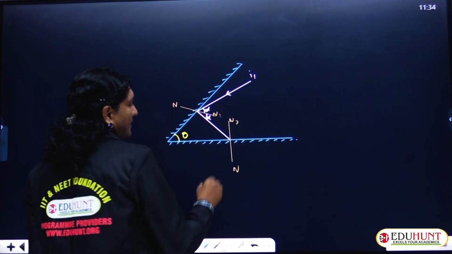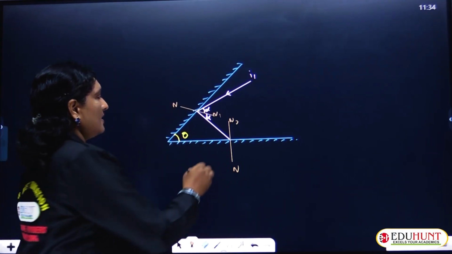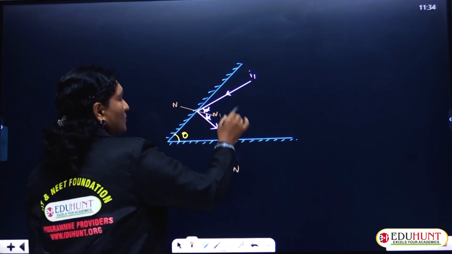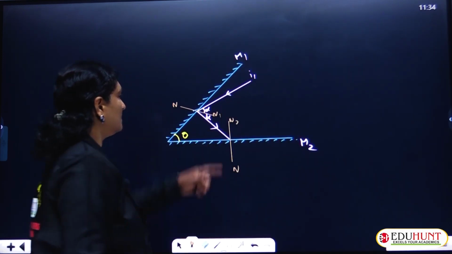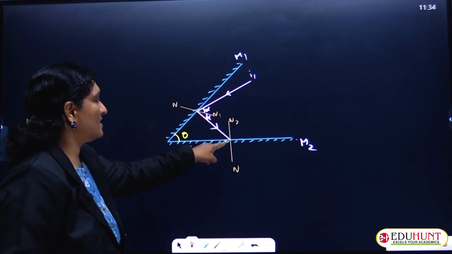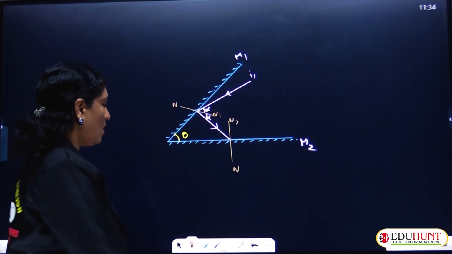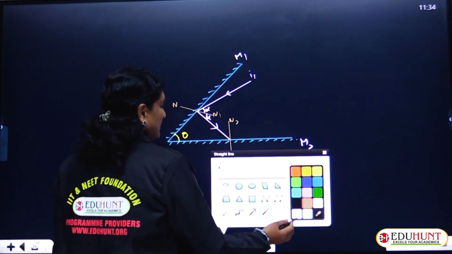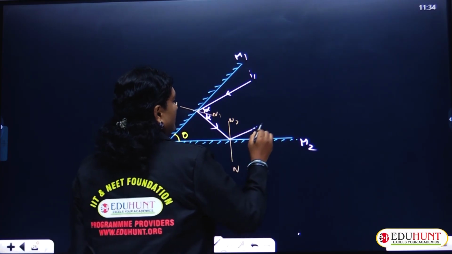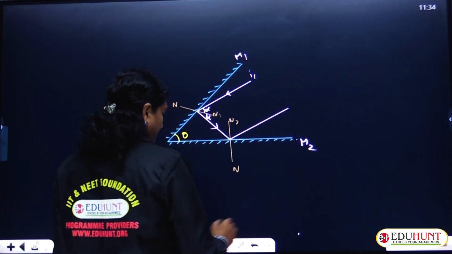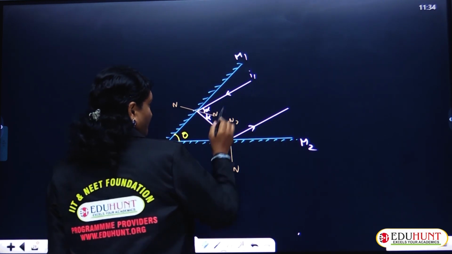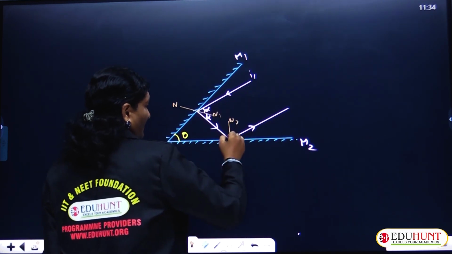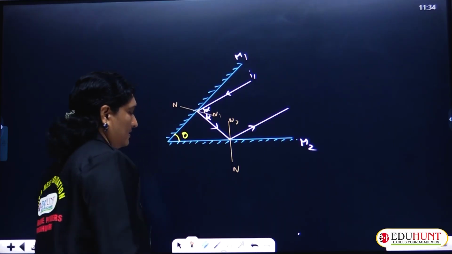Again, this light ray is re-incident on mirror 2. This is mirror 1 and here is mirror 2. So, this light ray after reflection falls on the second mirror. On the second mirror, again it is reflected into the same medium as shown in the figure. Okay. This light ray is reflected, again reflected back.